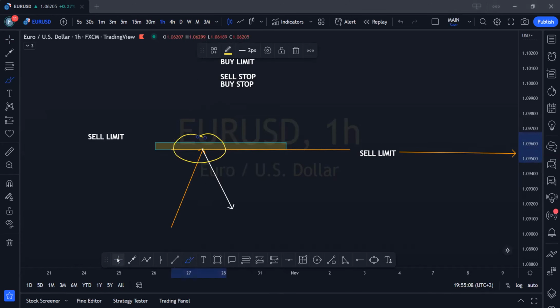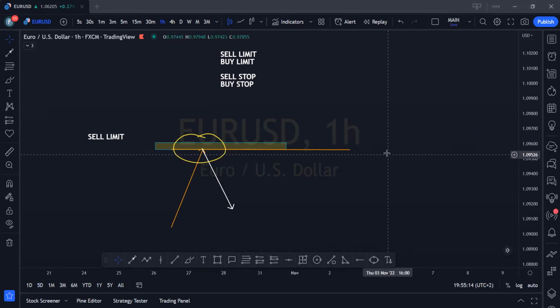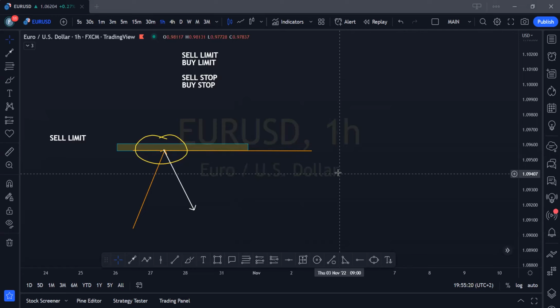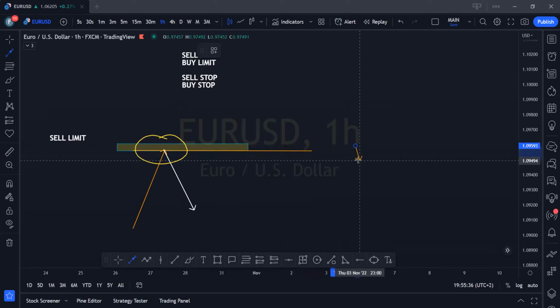All right. So let's talk about a buy limit. A buy limit is obviously just the reverse. For a buy limit, you want to enter a trade that will initiate a buy, and that buy would be the reversal of the move. So for a buy limit order, price has to be coming down like so.